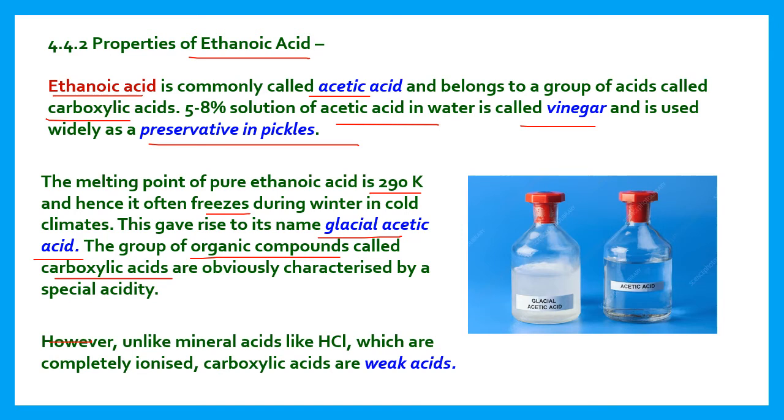However, unlike mineral acids like HCl, HNO3, which are completely ionized, carboxylic acids are weak acids. So acetic acid is a weak acid because it does not get completely ionized. While HCl is a strong acid, HCl gets completely ionized.